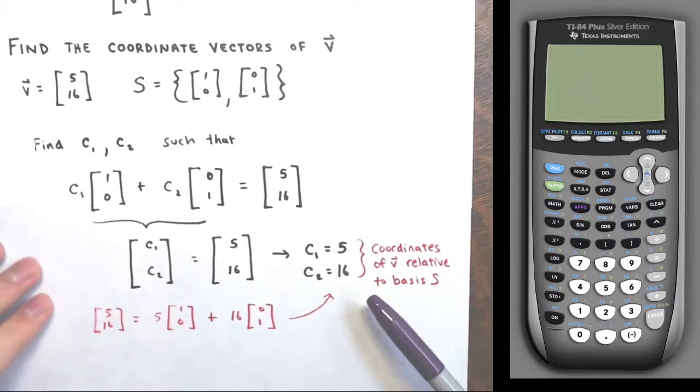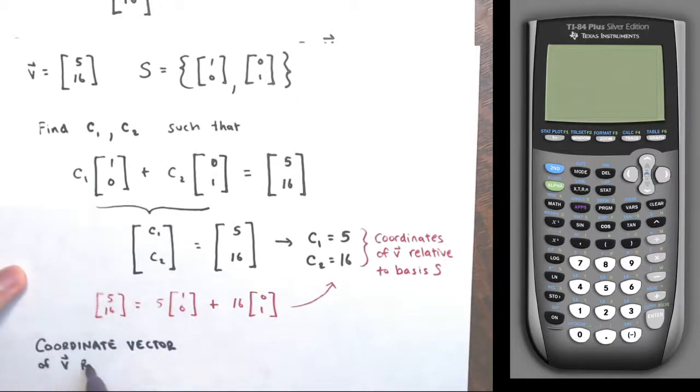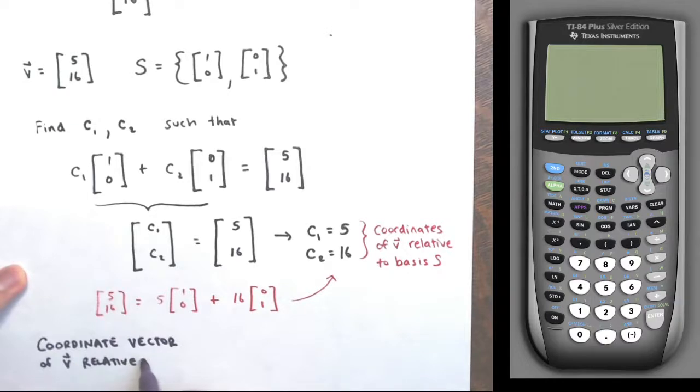Now that I have these coordinates, we can talk about making the coordinate vector. The coordinate vector of v relative to S is denoted this way.